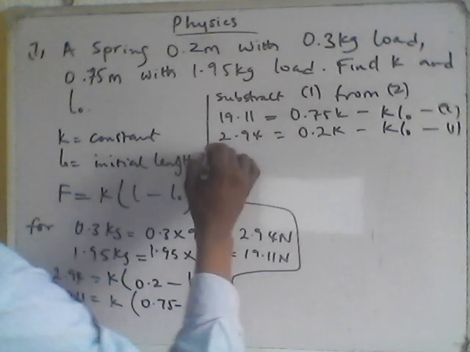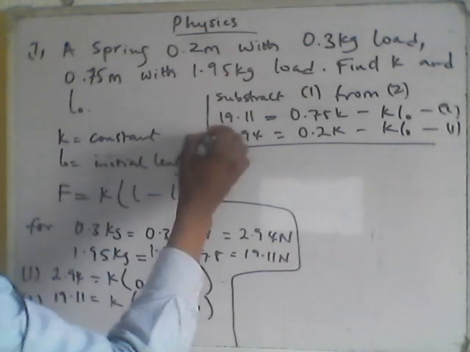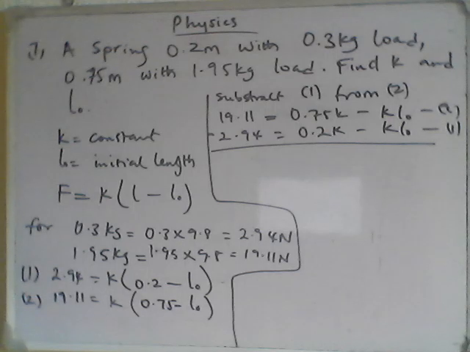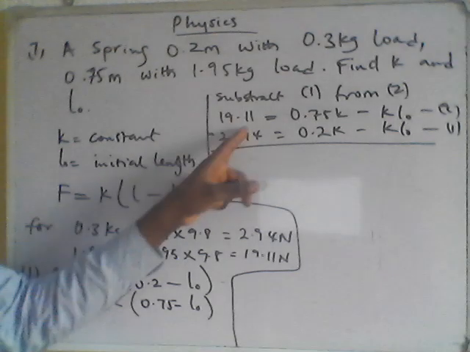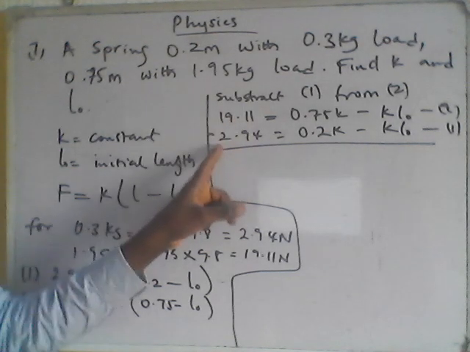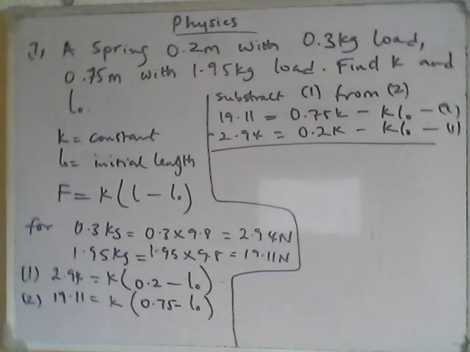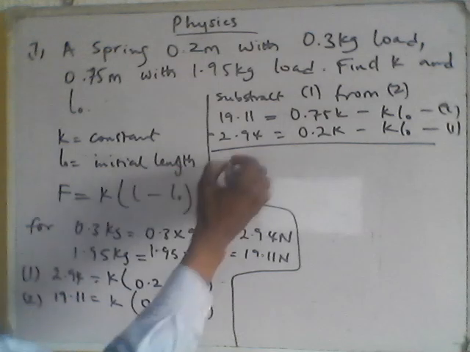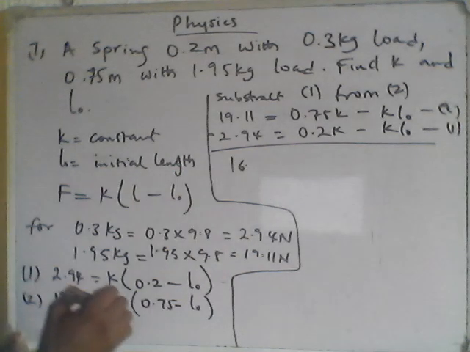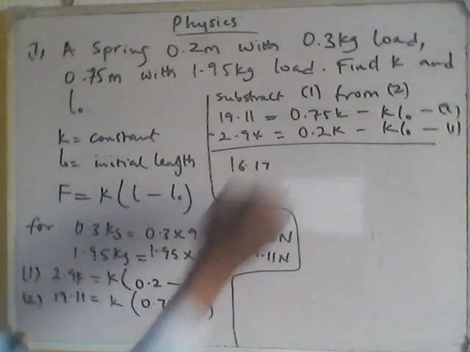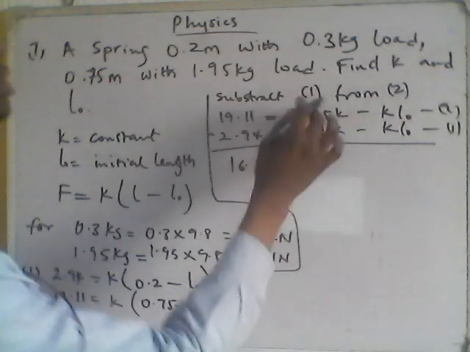So I'm going to be subtracting, so I'll just draw my line like this and put a minus sign here. By the time I do 19.11 minus 2.94, I'll be getting 16.17 is equal to this and this.